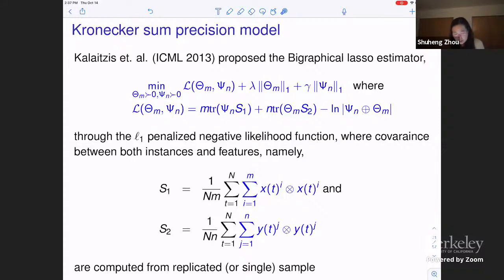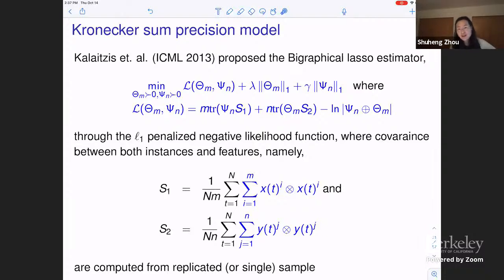So for the Kronecker sum, in an ICML paper in 2016, Kalaitzis proposed the so-called bigraphical lasso estimator. This estimator basically wants to minimize the likelihood subject to the constraint that the precision matrix has this Kronecker sum structure. This Kronecker sum structure basically corresponds to the Cartesian product graph I drew earlier.